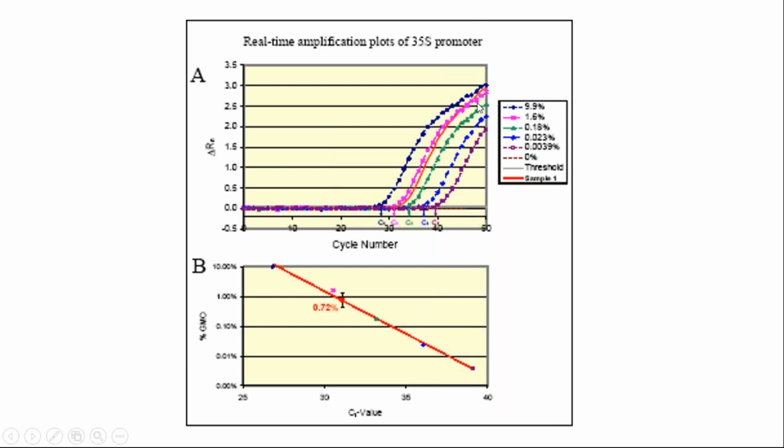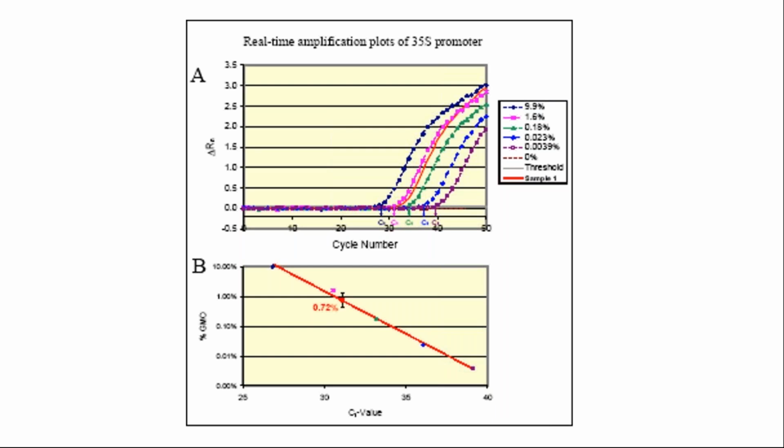So if you see the unknown, the amplification is at about 34 or 35, and 34 or 35 corresponds to 0.72%. Also, if you look at the amplification plot, you see that it amplifies between 1.6 and 0.18. So this is how you use real-time PCR to quantitate.